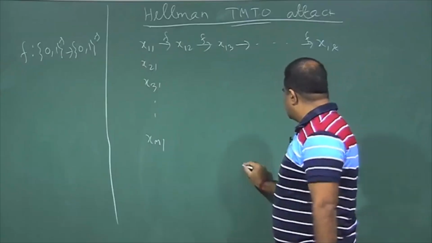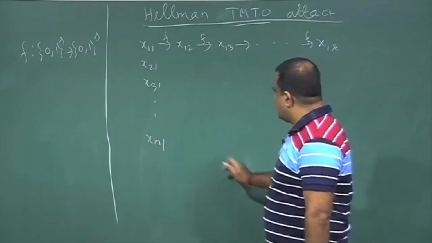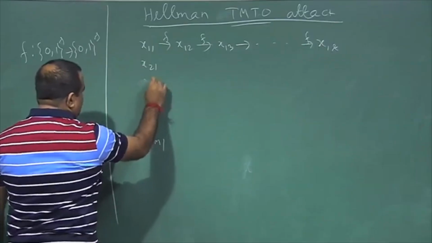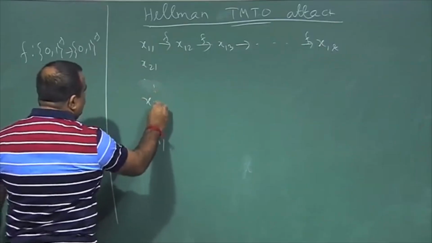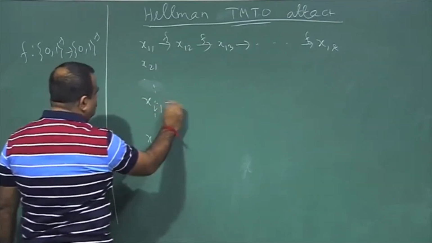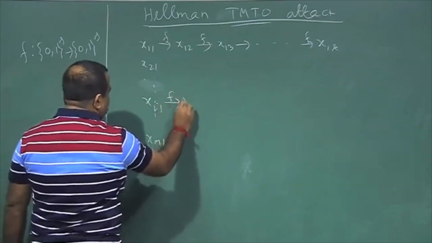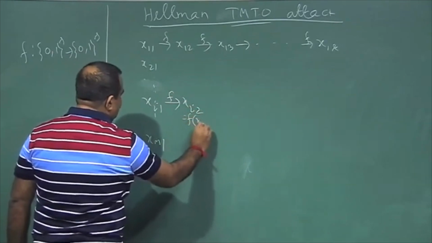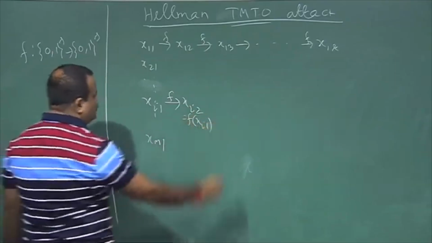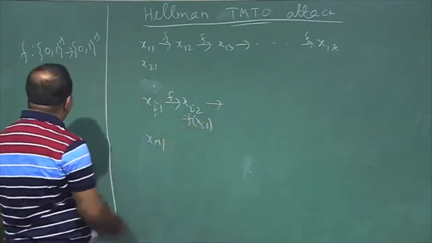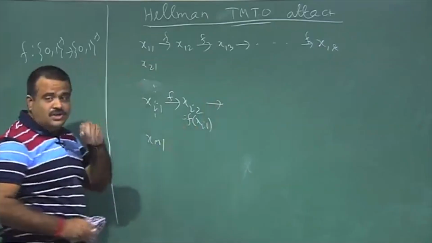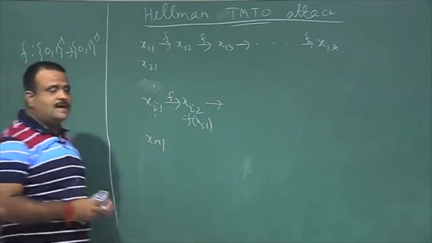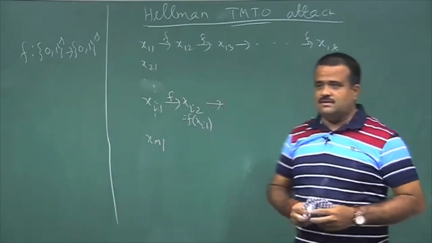So, for the ith row, if we have xi1 and apply f on it, this is f of xi1, which is again an s bit number. That is why we need the domain and codomain to be the same, because we want to repeatedly apply f on these numbers.